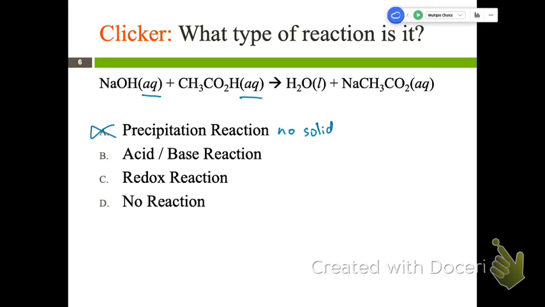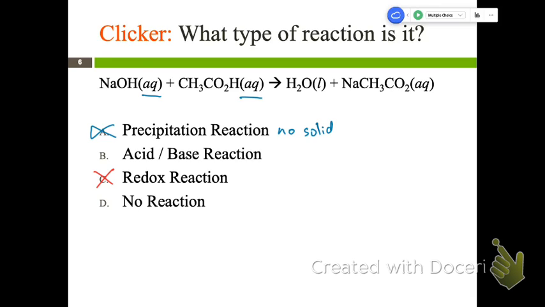So we only have one metal here, sodium. What's the charge on the left side? Positive 1. On the right side? Oh, that's right, all the way to the right. Plus 1, plus 1. So for now in this class, we're going to say that we didn't have a metal that changed charge. So it's not a redox.